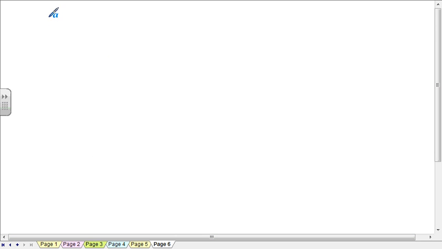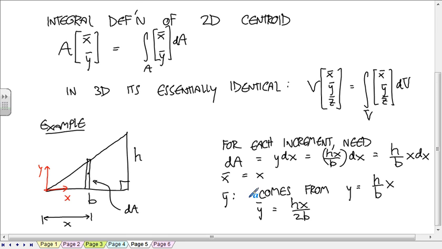So the area times the centroid is equal to the integral of, so what do we have for the formulas?